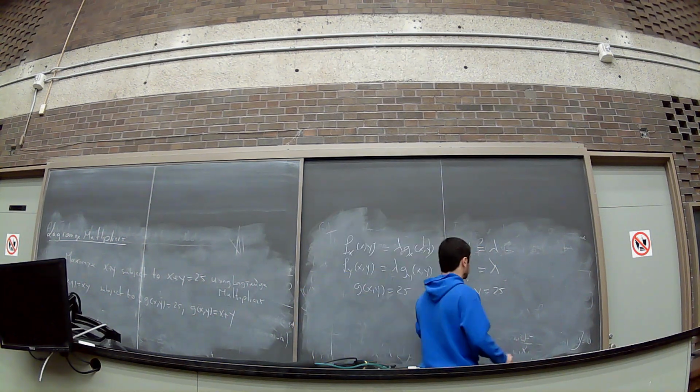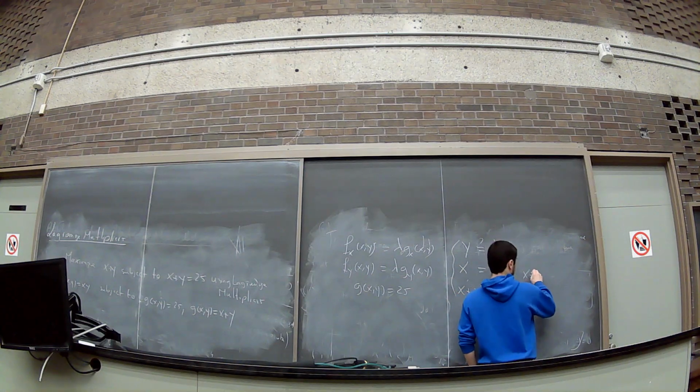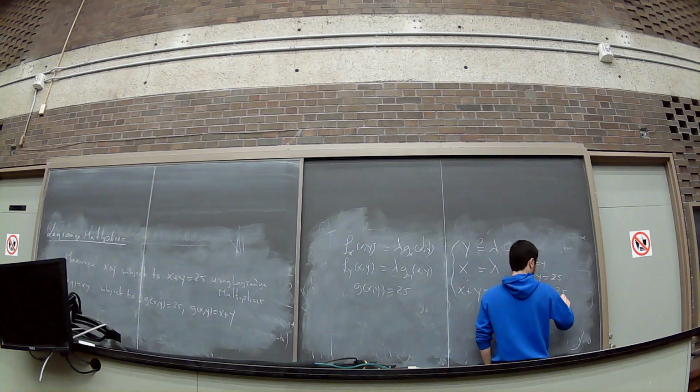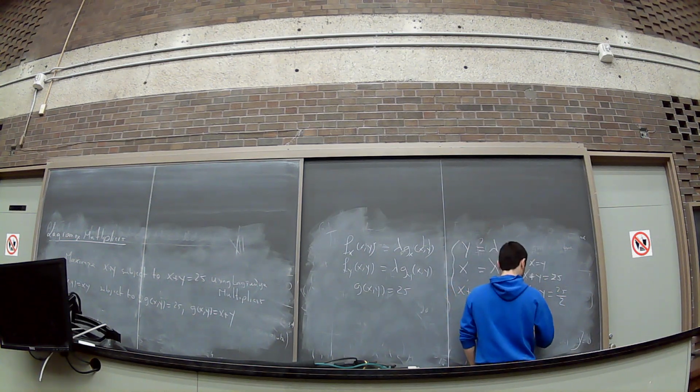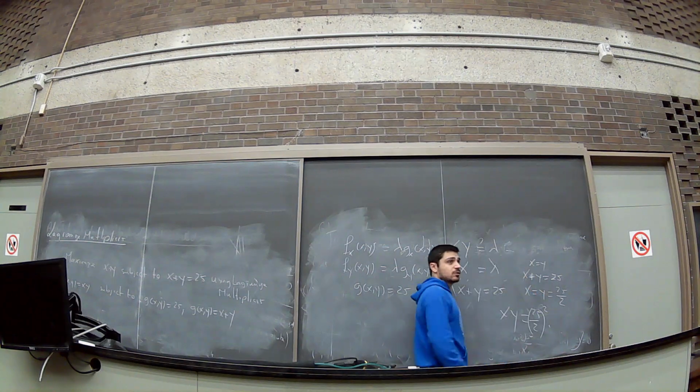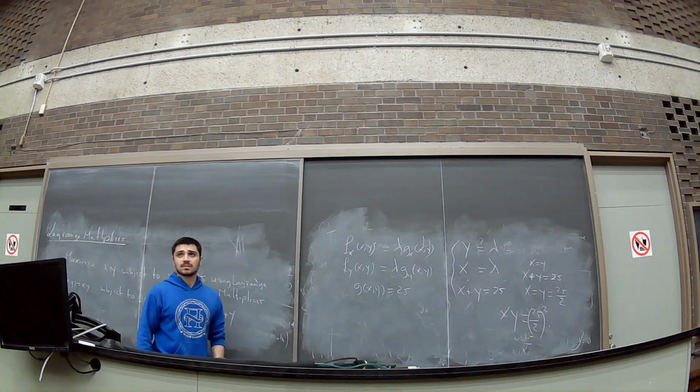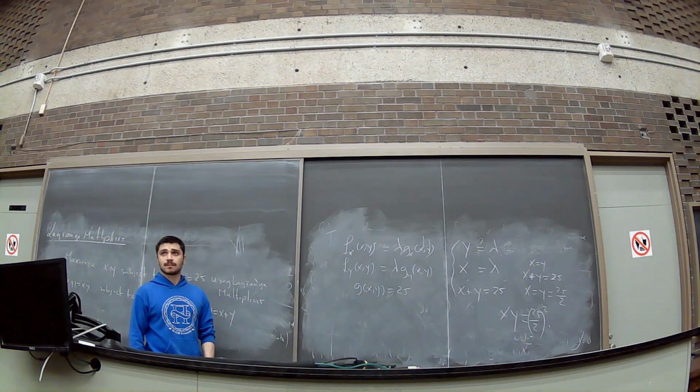So x plus y is equal to 25, and x is equal to y, so x is equal to y is equal to 25 over 2. And what is xy? Is that what we got before? Okay? Is it clear?